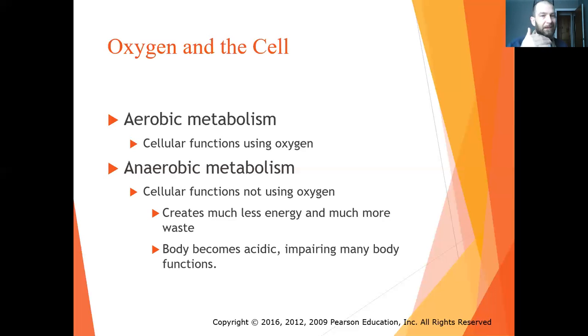And so unless that anaerobic metabolism can somehow get switched back to aerobic, things don't go back to normal. If that doesn't happen, then we have a vicious cycle here. We have a lack of oxygen that makes them go into anaerobic metabolism. The body gets acidic because of all the carbon dioxide and lactic acid that's in there. And it just becomes a vicious cycle, right?